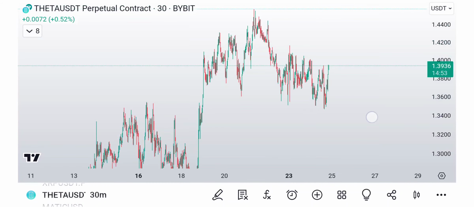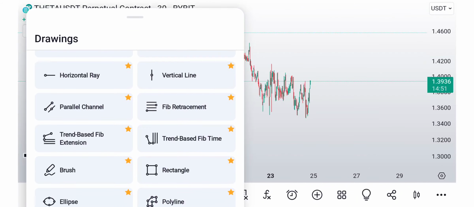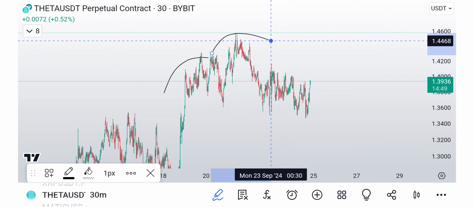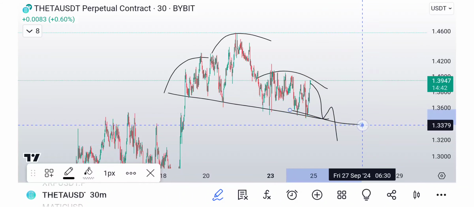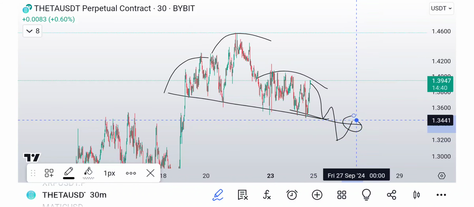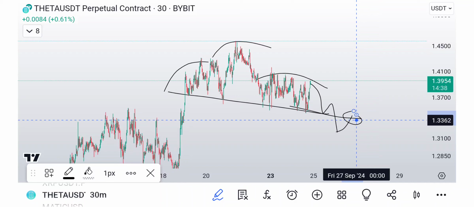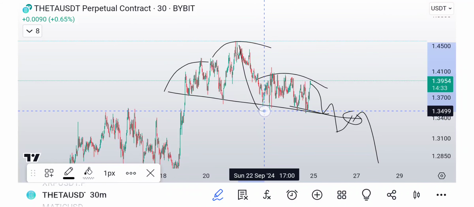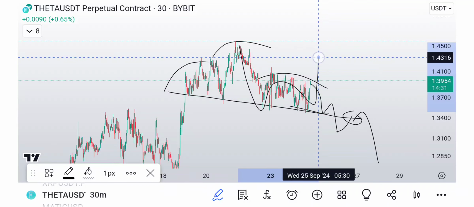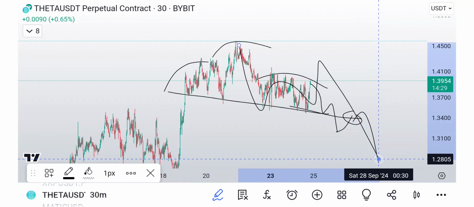But we also got a little bit of a head and shoulders here too, right? You can see that right there. You got the neckline there. So if this wants to come back down, and then it comes up and retests as resistance, then we can see more downside. It could be like an A. This could come up into a B, and then we get C later on.